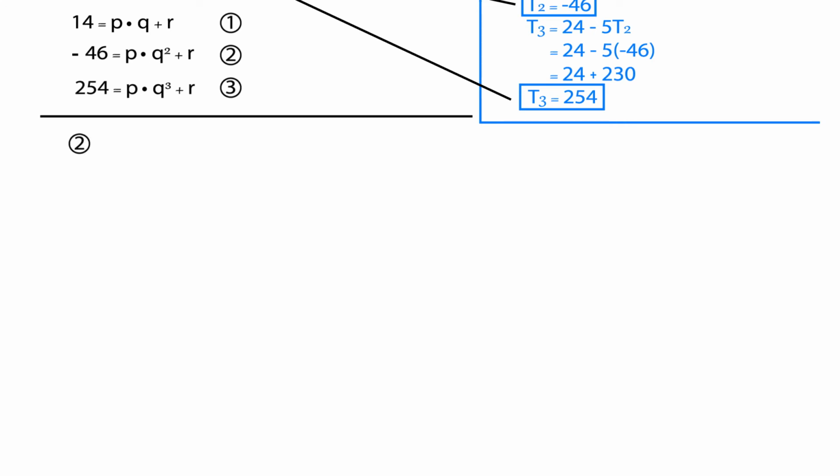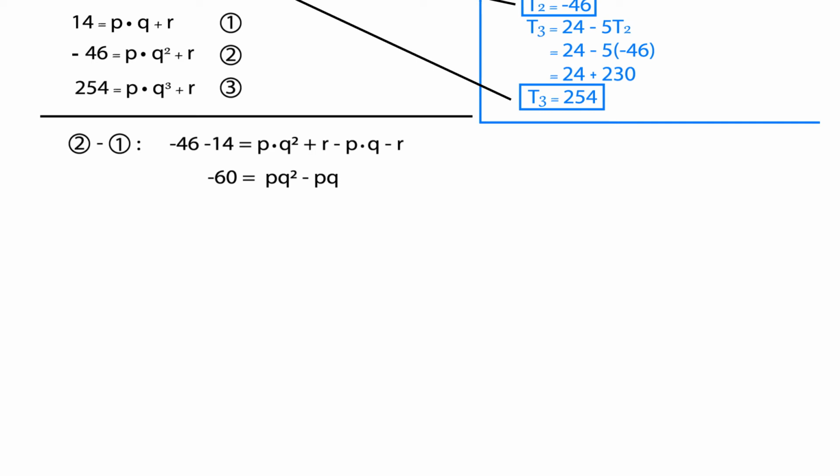Like 2 minus 1 would get rid of the r's. So if I did 2 minus 1, I'd have minus 46 minus 14. And on the other side, I'd have pq squared plus r minus pq minus r. So this becomes minus 60, and this becomes pq squared minus pq. And the r's do indeed disappear.